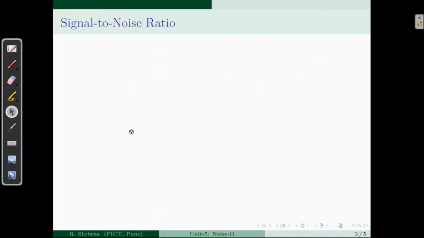Now let's see why this signal to noise ratio is so important. The measurement of signal to noise ratio is particularly important because we want to know the relative strength of signal with respect to the noise at any location in the system, right? If you see, the stronger the signal, the weaker the noise and the higher the SNR value, and this is desirable.